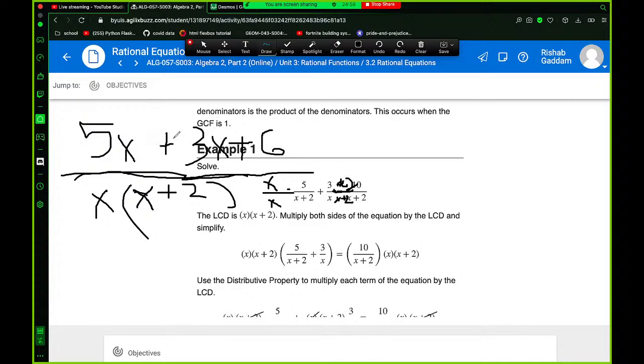So now we can add these two on top. We can simplify the whole equation. And we also have to multiply x to this also, so this will also have a common denominator.